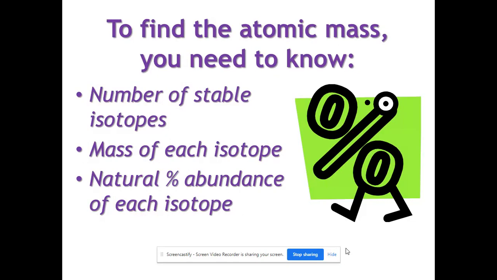Some isotopes are pretty even, maybe each one is about 30% in nature if you have 3 of them. Others are way more one-sided. For example, one might be 95%, so out of 100 atoms you randomly looked at, 95 would be one isotope. It really depends on the example.